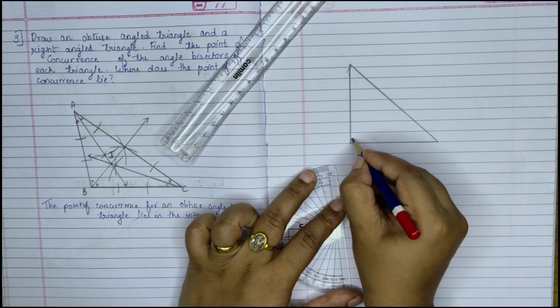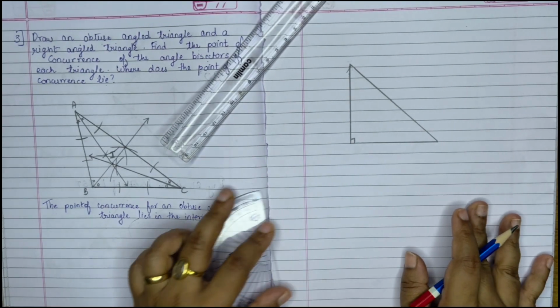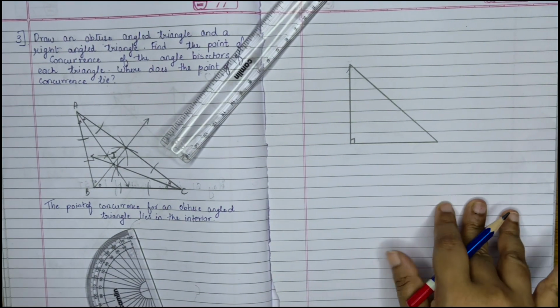So this is the right angle triangle. Now we will draw angle bisectors.